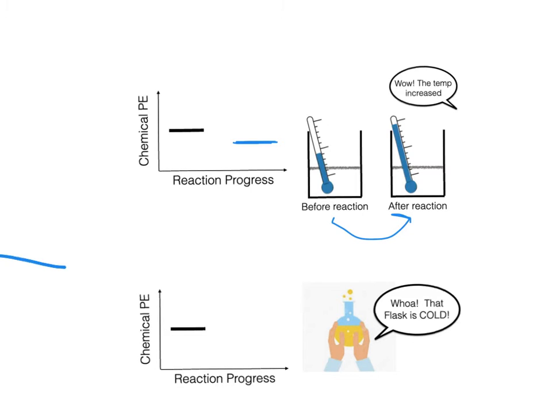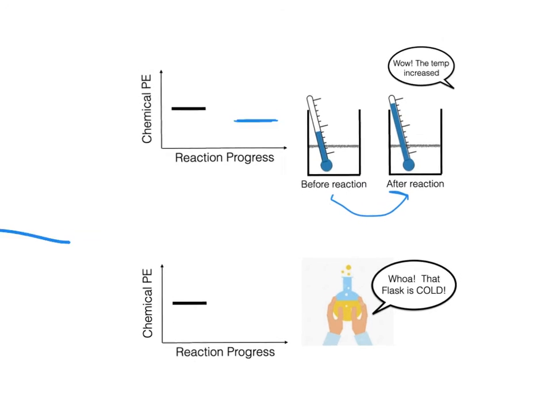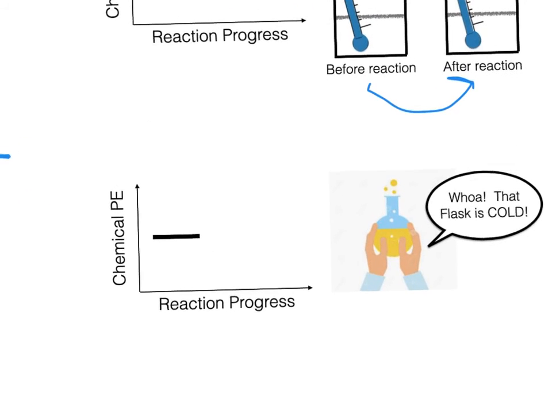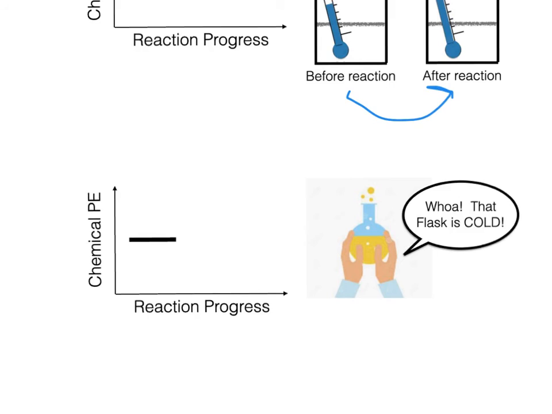And at the bottom here, the other situation is you just have your hands on the flask. In this particular scenario, you're touching that flask and you say, wow, that got really cold. So you then have to deduce what this chemical potential energy versus reaction progress graph will look like. What you deduce there is if you're getting cold, that energy is being removed from you. You're part of the surroundings. That energy is being removed from you, and that's helping to drive this reaction to a higher chemical potential energy.